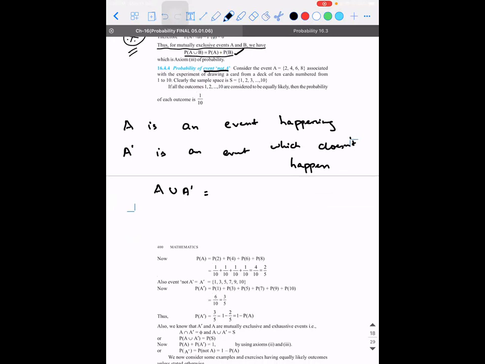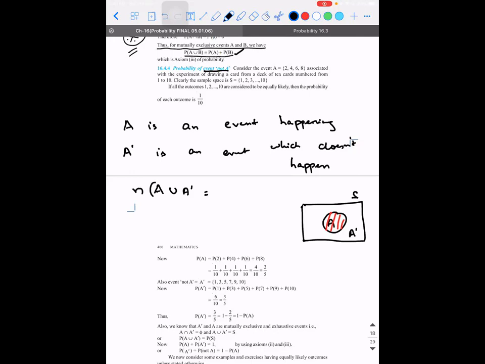If I have a sample space S, and I call the region of this red shade as A, what is the region outside the circle and within the rectangle? A dash. So if I write the union of A and A dash, what am I going to get? It's the sample space.